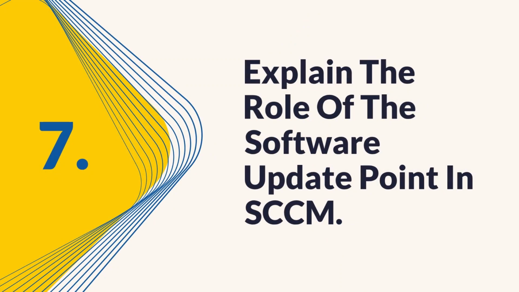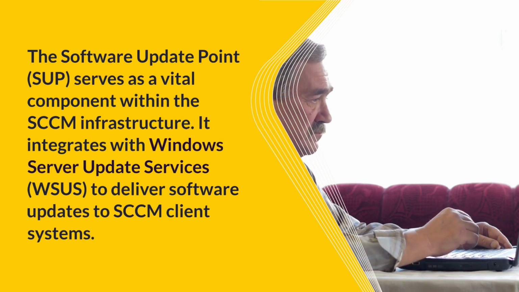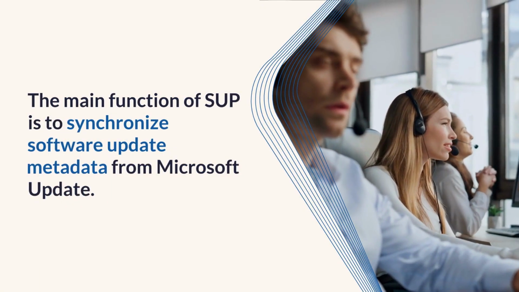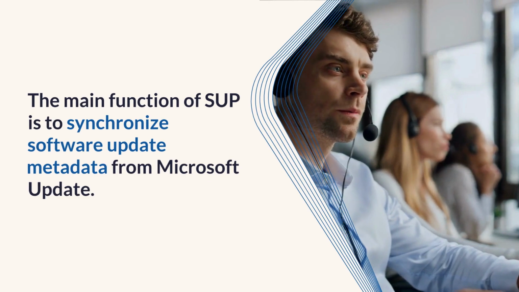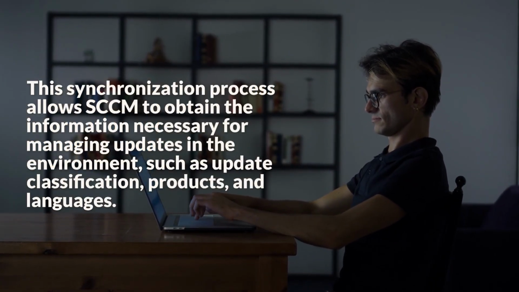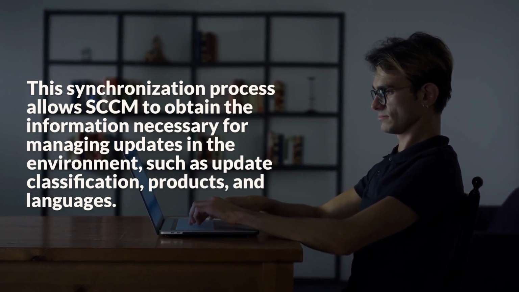7. Explain the role of the software update point in SCCM. The software update point, SUP, serves as a vital component within the SCCM infrastructure. It integrates with Windows Server Update Services, WSUS, to deliver software updates to SCCM client systems. The main function of SUP is to synchronize software update metadata from Microsoft Update. This synchronization process allows SCCM to obtain the information necessary for managing updates in the environment, such as update classification, products, and languages.